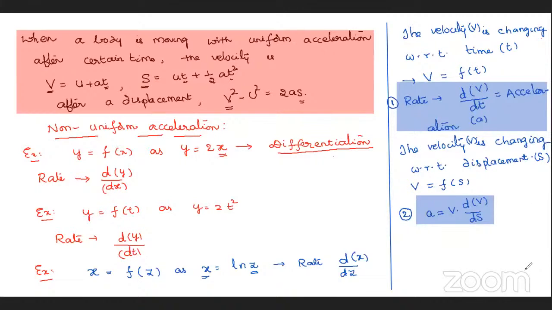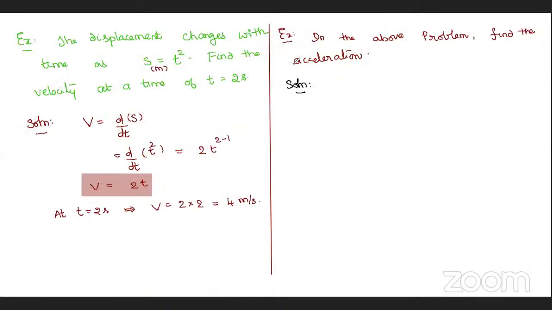So acceleration using the known formula, a is equal to dv by dt. Again, don't ask why you use with respect to time. Why? Because in the above problem we got v equals 2t. That is a function of time.